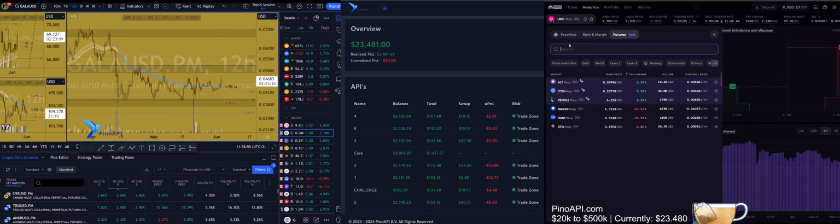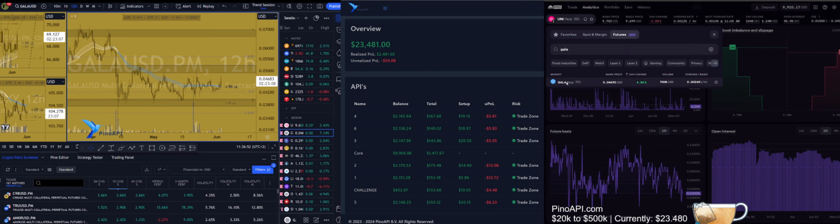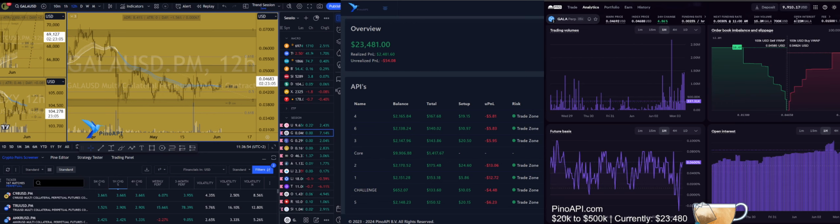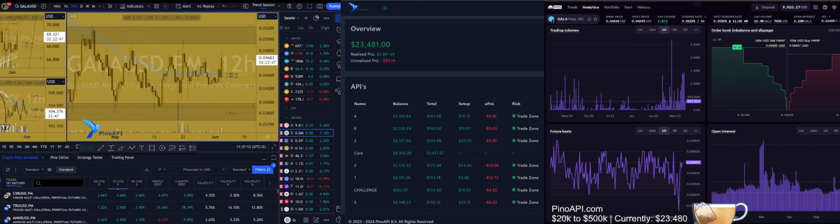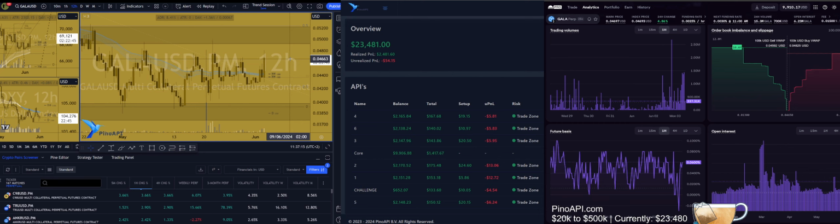Let's look at Gala now. Volume 700k, that's not a lot. Open interest seems to be increasing on the daily. I think Gala has a pretty straightforward structure on the high time frame. It's just range bound.